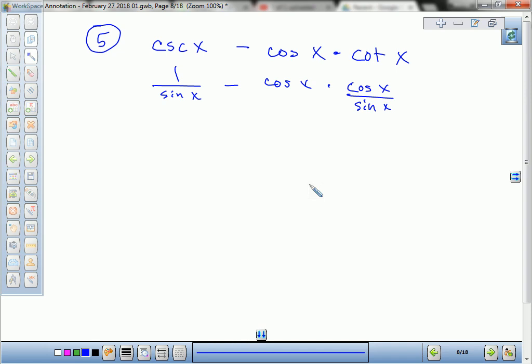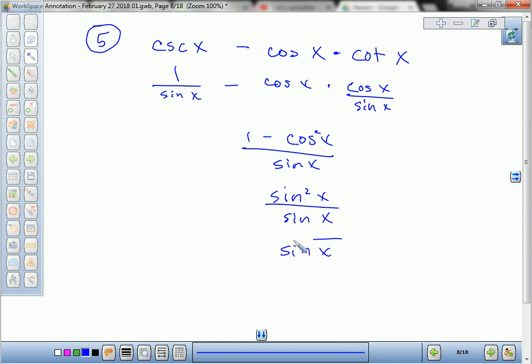You get 1 minus cosine squared x over sine of x. This one was really easy, wasn't it? And what is 1 minus cosine squared x? Sine squared x. Oh, it is. So the answer is sine of x.